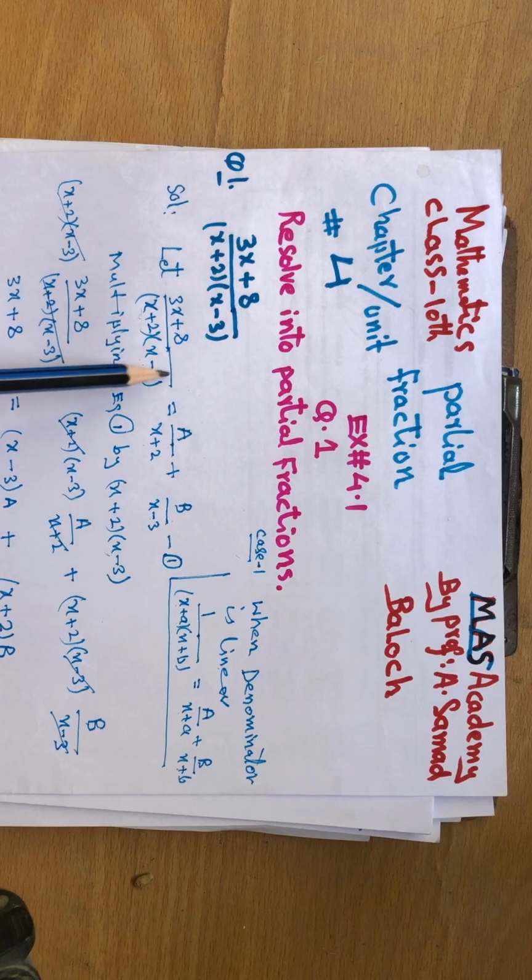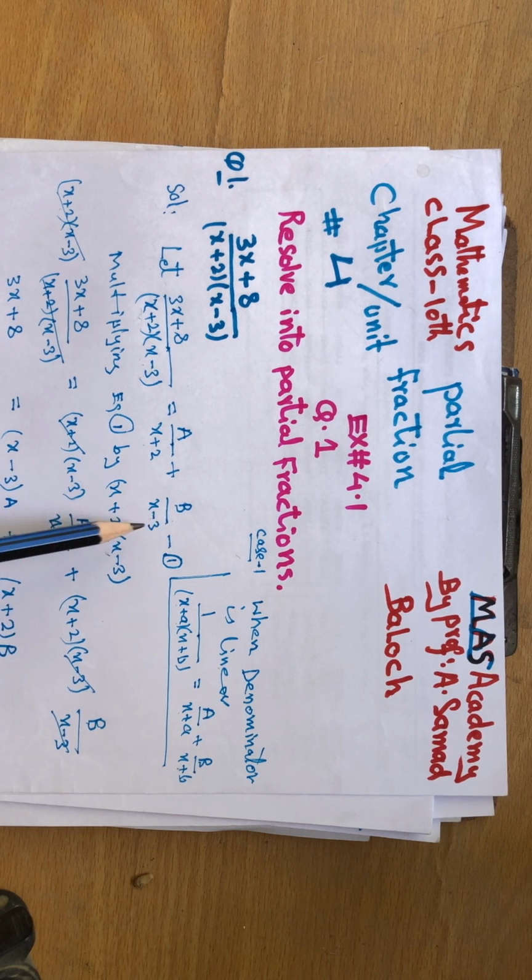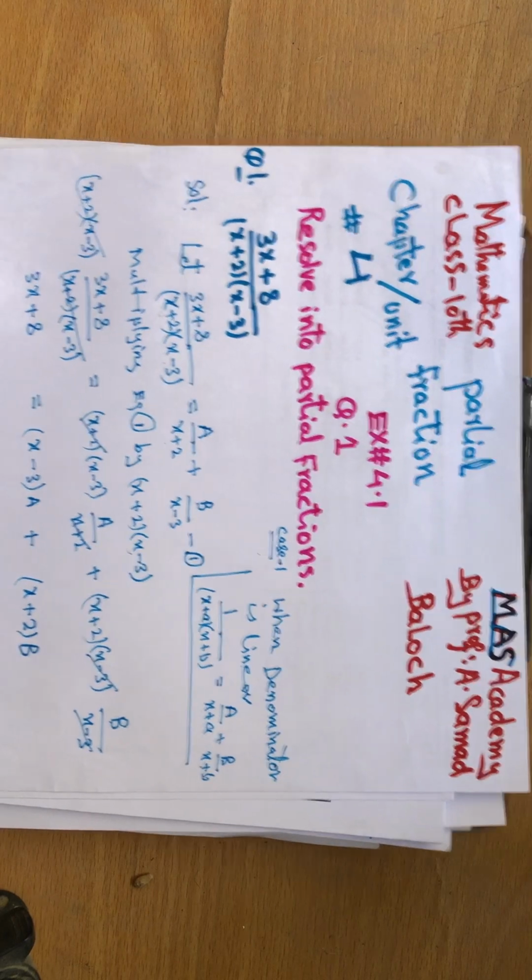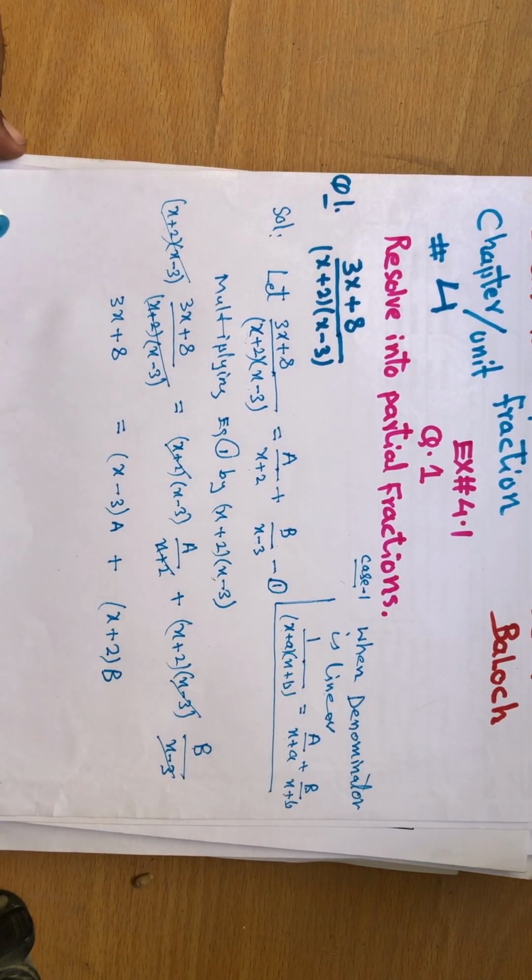On the left side we multiply the main fraction, (3x + 8) over (x + 2)(x - 3), by (x + 2)(x - 3). Also, A over (x + 2) and B over (x - 3) are multiplied by the same LCM. With A, (x + 2) gets cancelled, and with B, (x - 3) gets cancelled.